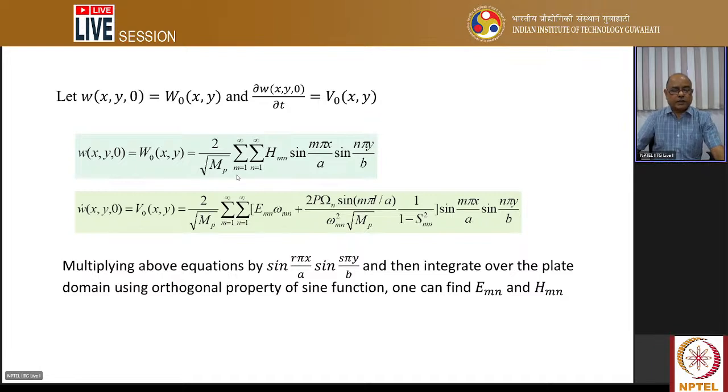And from that, we can again obtain, using the orthogonality condition, that if you multiply both sides by the mode shape function and then integrate it, then of the sum of the terms, only the term where m is equal to r and n is equal to s will remain, others will vanish because of the orthogonality condition.